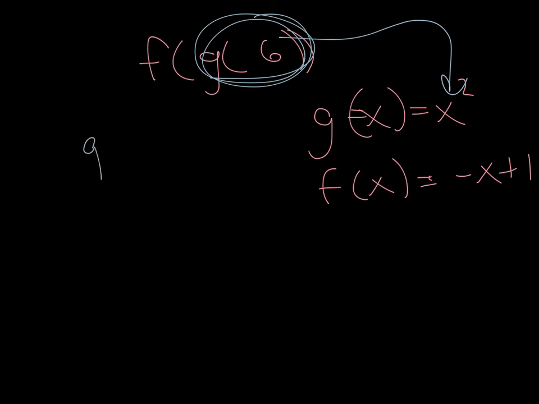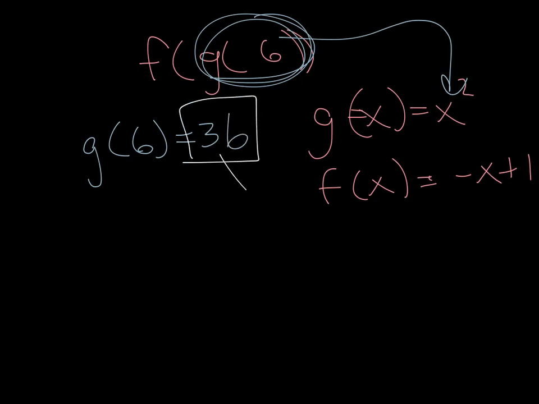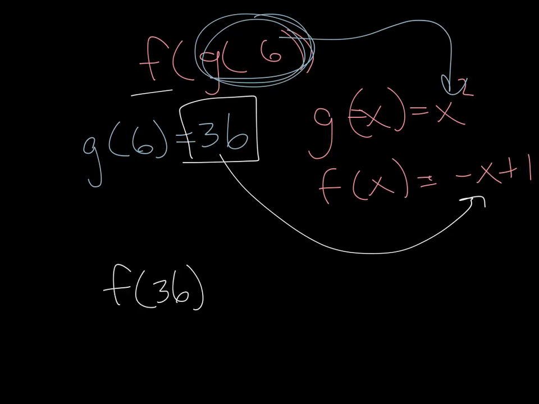So g of 6 equals 36, because that's x squared. Then you take your 36 and plug it in for x in your f function. So f of 36 is equal to negative 36 plus 1, which is equal to negative 35.